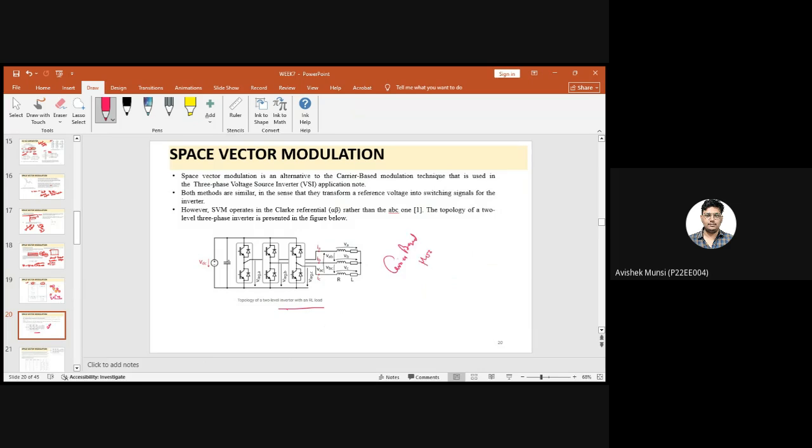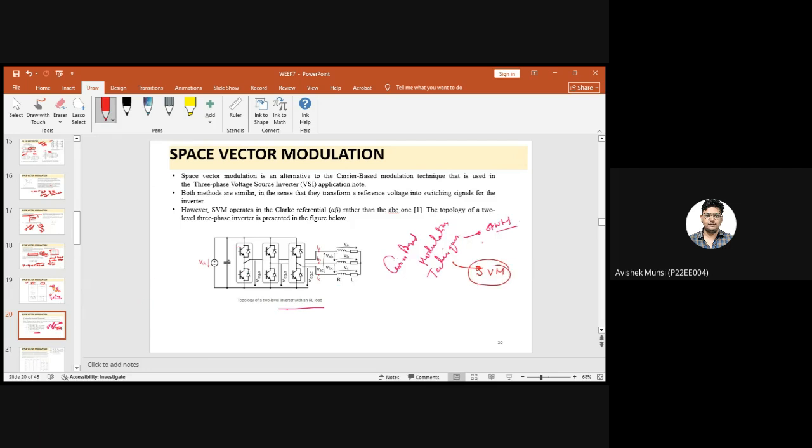Carrier based modulation techniques, for example SPWM. Okay, so this is an alternative to this kind of technique, that is the SVM method, that is space vector modulation technique.